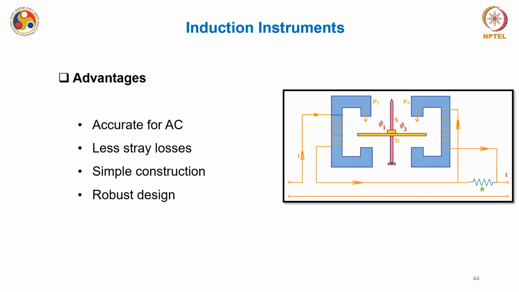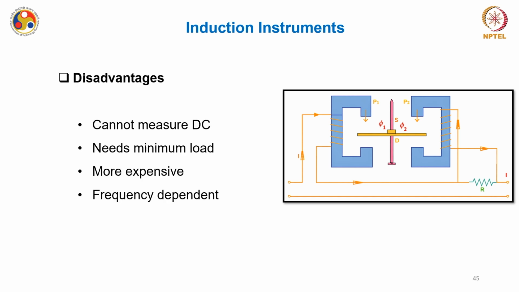The advantages of these instruments are that they are very accurate for AC measurement. They do not have much magnetic stray losses, and the construction is also very simple. You have two electromagnets and a few shunts and a small moving element made of, say, an aluminum disc. The design of these instruments is also robust.